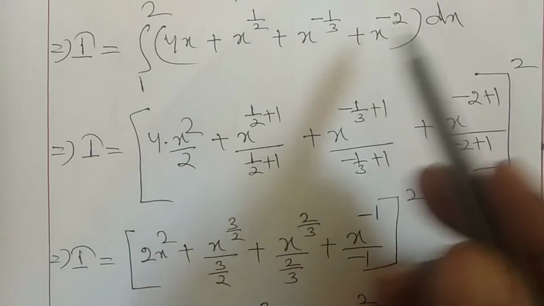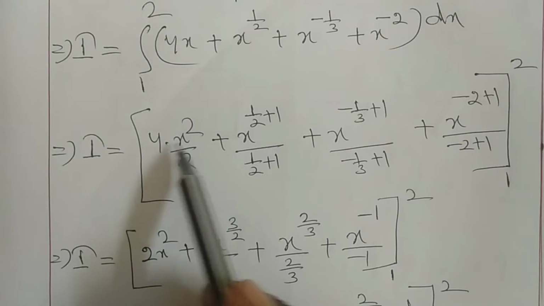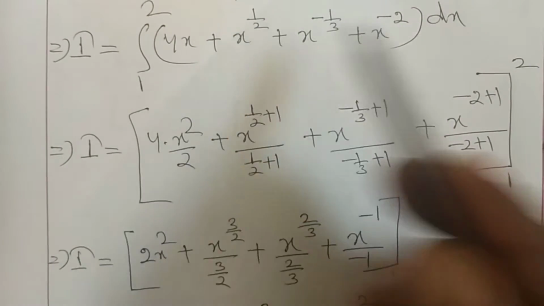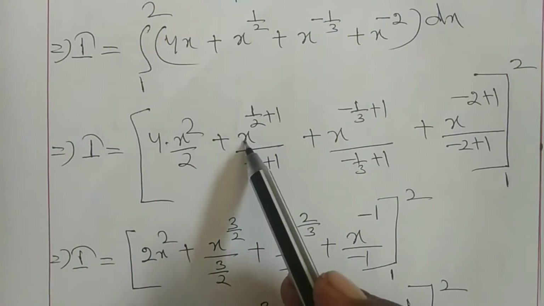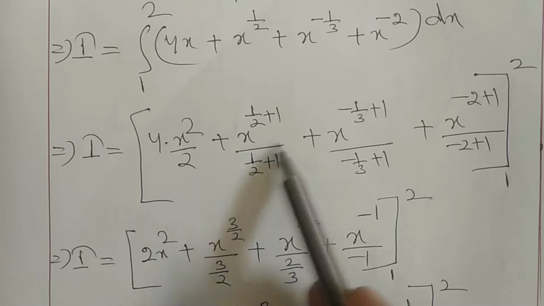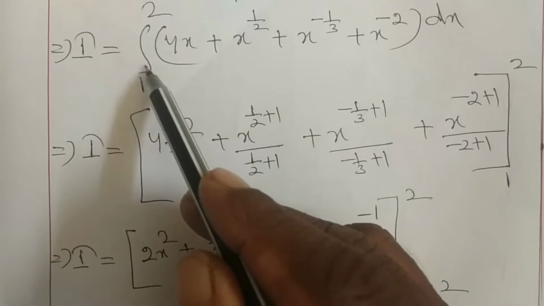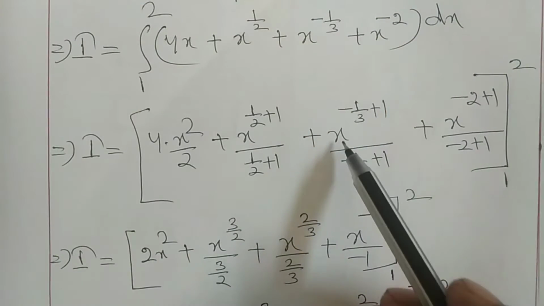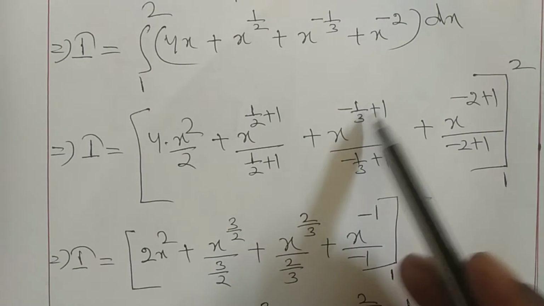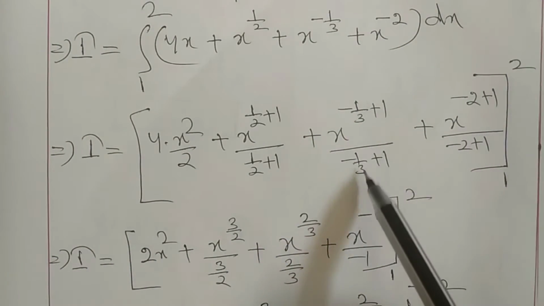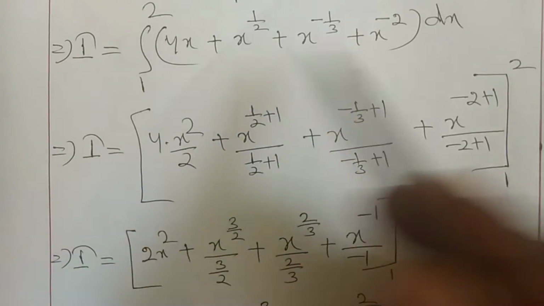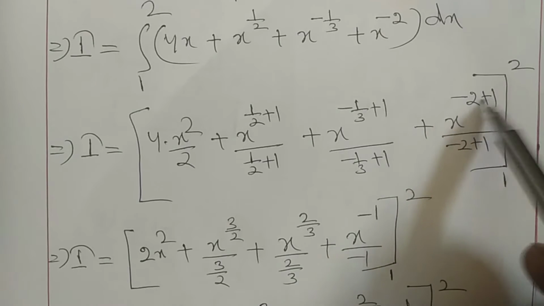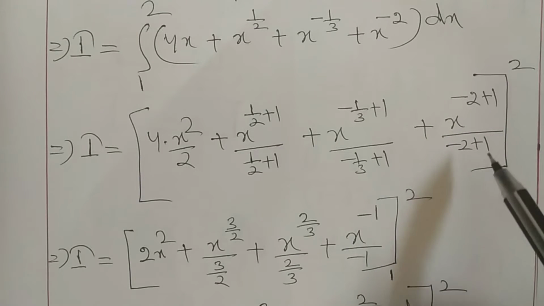Integration of 4x dx is 4 into x²/2, and integration of x^(1/2) dx is x^(1/2 + 1)/(1/2 + 1). Integration of x^(-1/3) dx is x^(-1/3 + 1)/(-1/3 + 1), and integration of x^(-2) dx is x^(-2 + 1)/(-2 + 1).